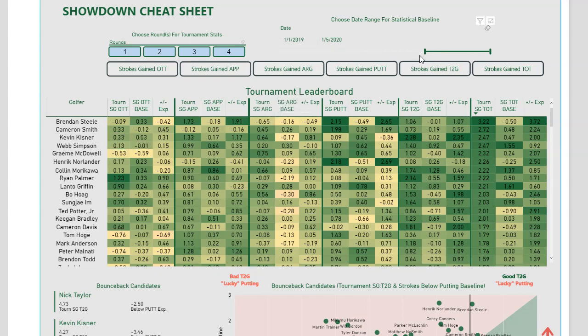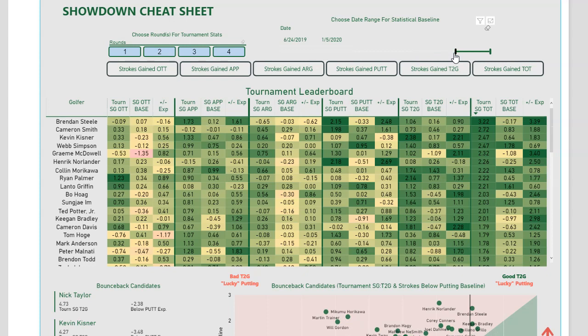So you can adjust this slider to get the date range for these golfers that you want, because maybe you want it to be more current, or maybe you want to look at long-term form. There really are endless combinations that you can get here based on what you like and what you think is important, which I really love, and which did not exist in previous versions of this tool.